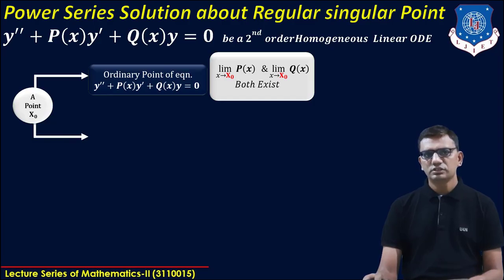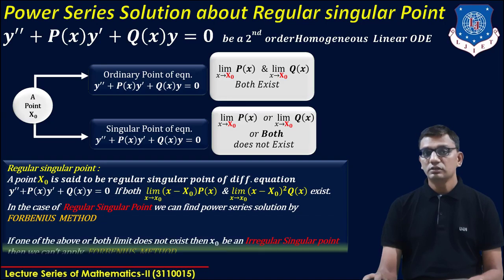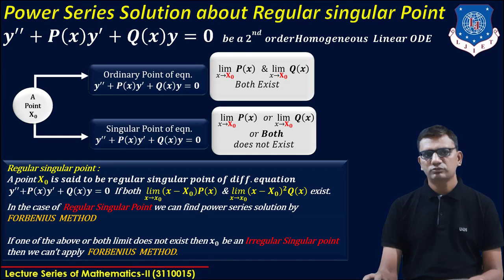A point x0 is called a singular point if the limit of p(x) or the limit of q(x) does not exist, and a singular point x0 is said to be a regular singular point if the limit as x tends to x0 of (x minus x0) into p(x) and the limit of (x minus x0) whole square into q(x) both exist.